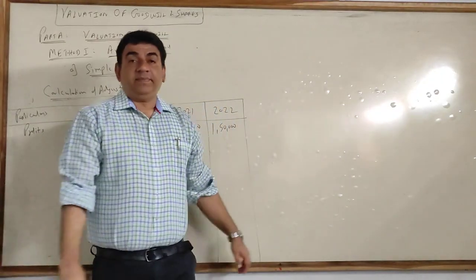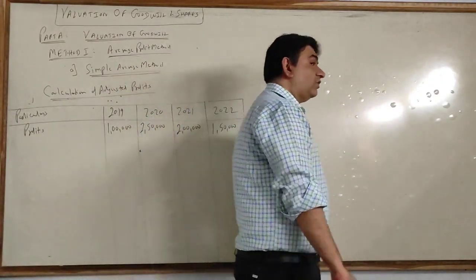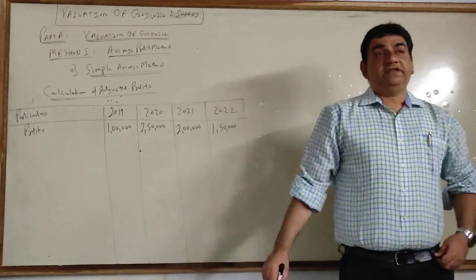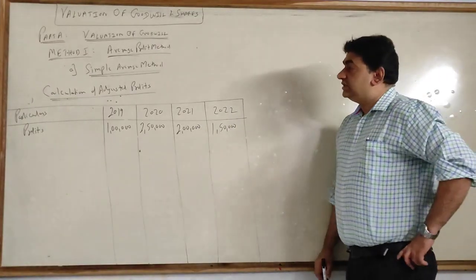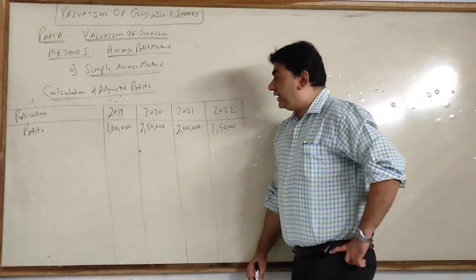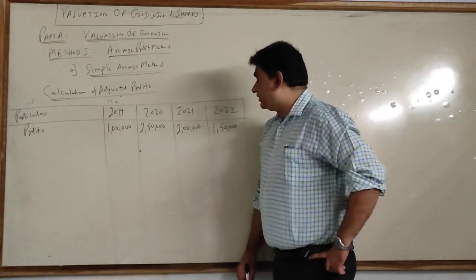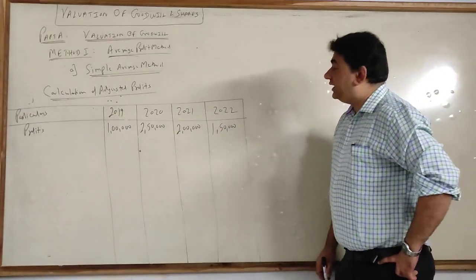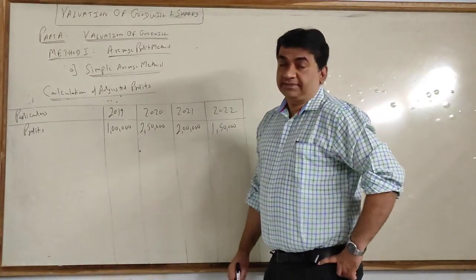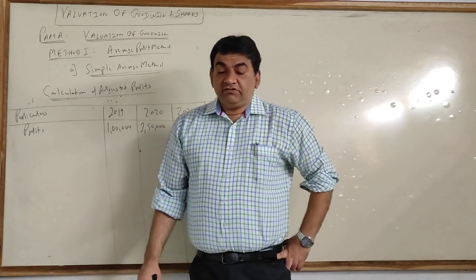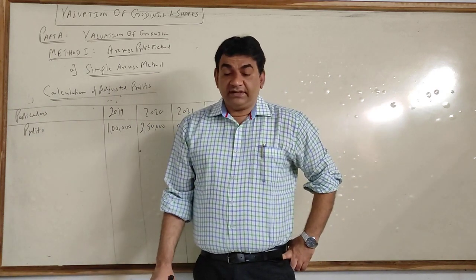Okay, I'll repeat. Take the original profits as given in the question. 2019 1 lakh, 20 250, 21 2 lakhs, and 22 1,50,000. Now listen. One by one, see the adjustment.